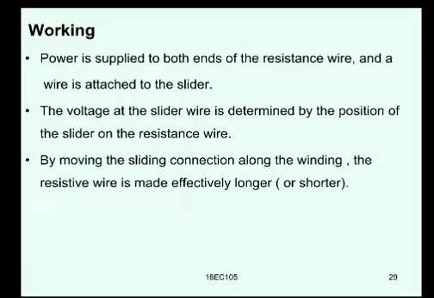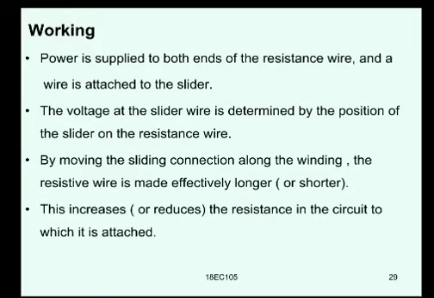Here, by moving the sliding connection along the winding, the resistive wire is made effectively longer or shorter. So this increases or reduces the resistance in the circuit to which it is attached through the wiper.